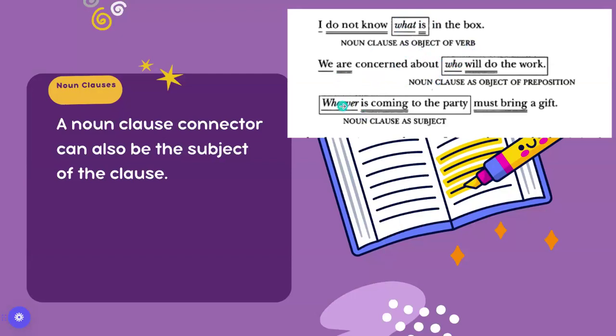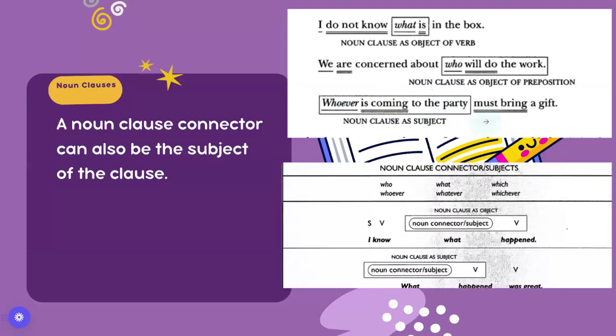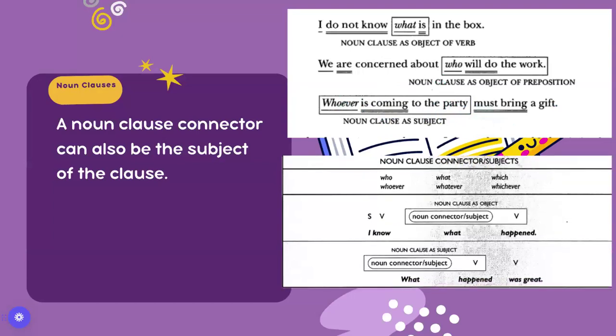Whoever is coming to the party must bring a gift. Yes, all of this is the subject of this clause. And this is what the structure looks like. I have my subject, verb, the noun connector, which is the subject, and a verb.